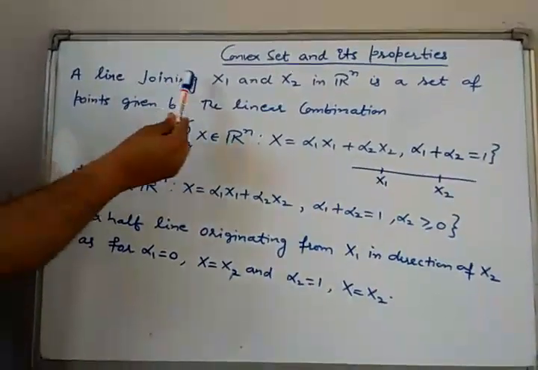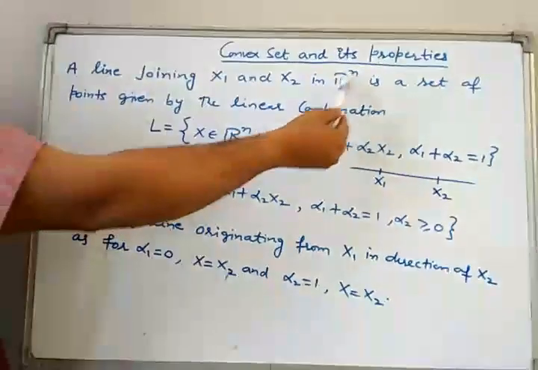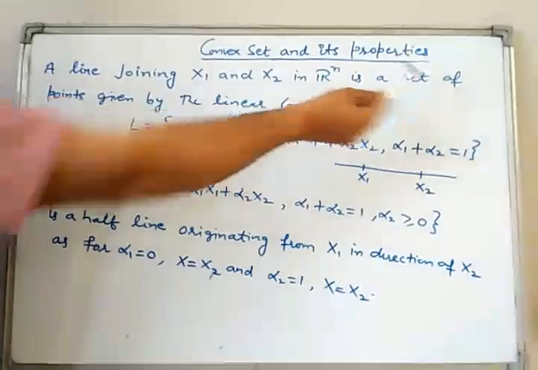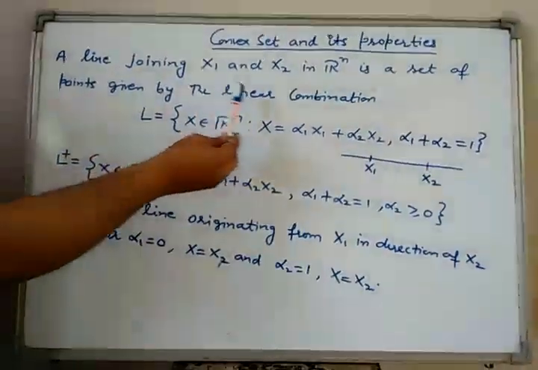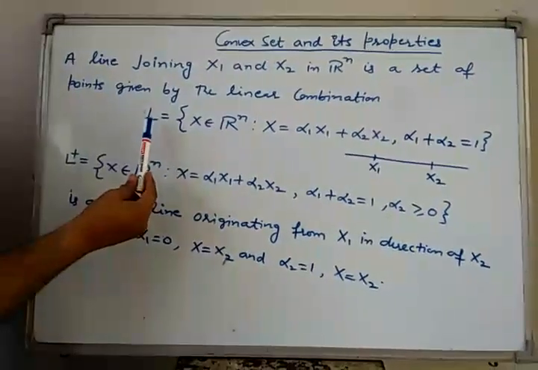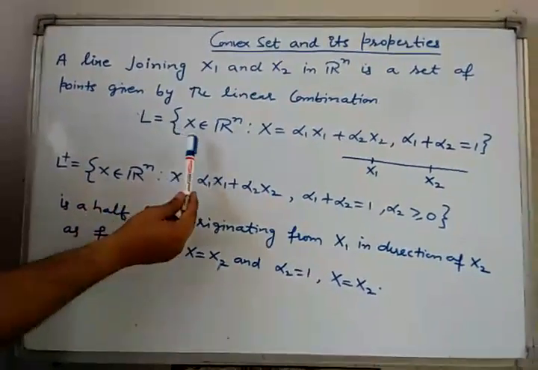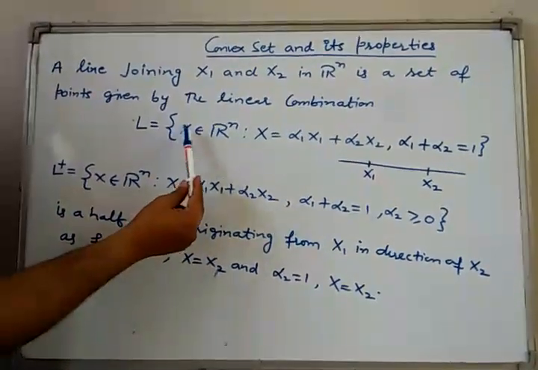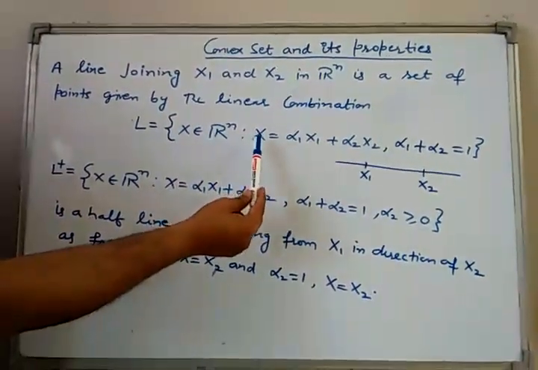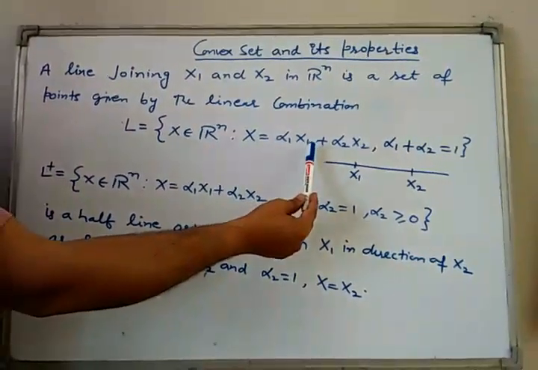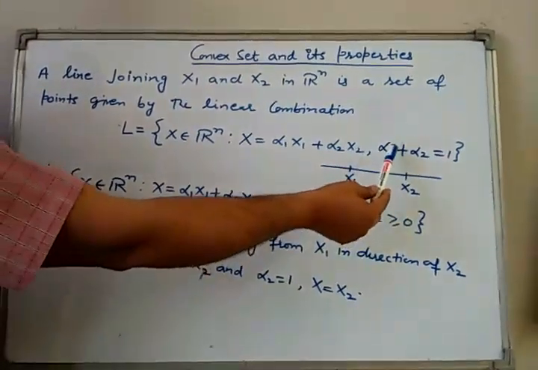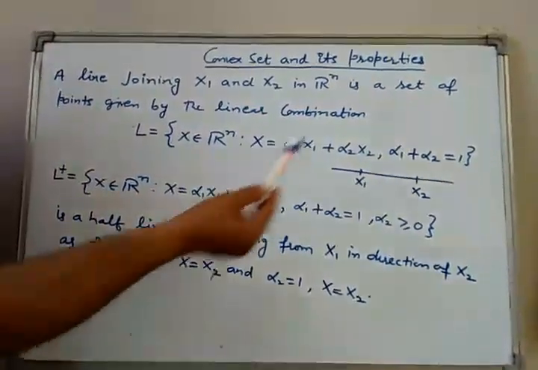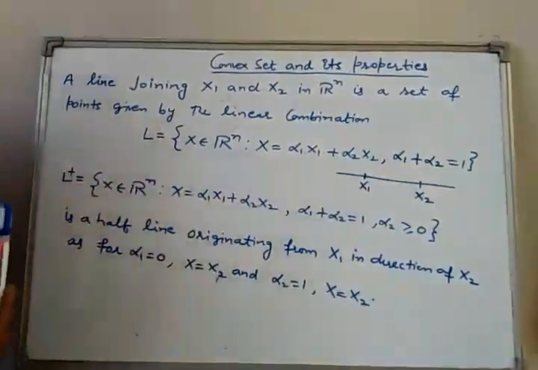Therefore, a line joining x1 and x2 in R^n is a set of points given by the linear combination. This capital L is a set of capital X in n dimension, so that X equals alpha 1 times x1 plus alpha 2 times x2, with the condition that the sum of scalars is 1.